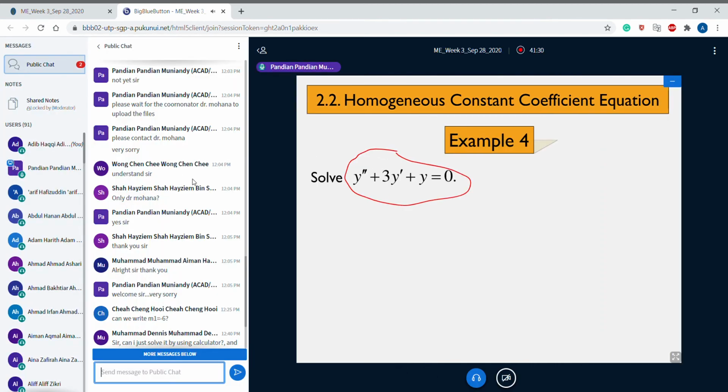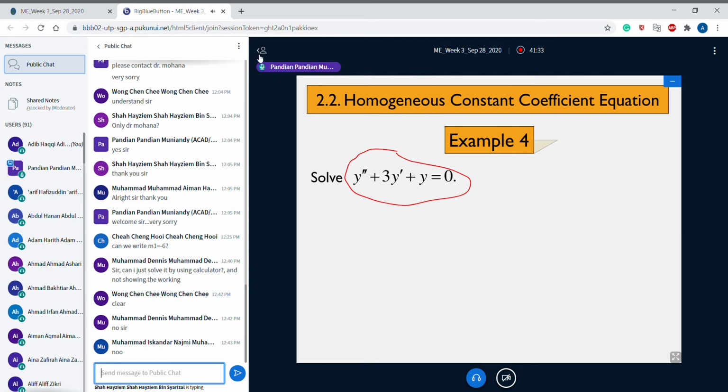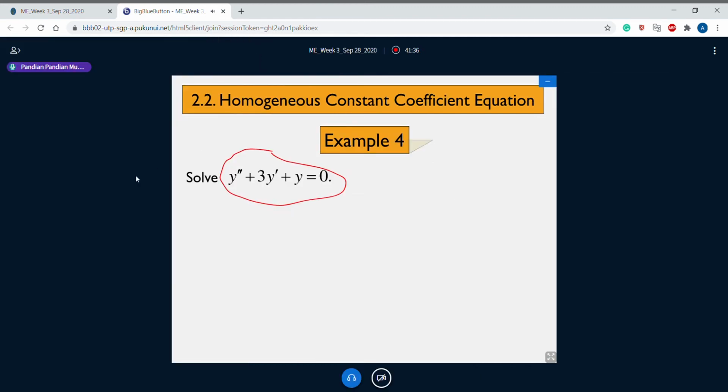So example 4, I repeat here, the final answer is y equals c1 e to the power of minus 3 plus root 5 over 2 x plus c2 e to the power of minus 3 minus root 5 over 2 x. Of course, you can simplify this answer, but it will be in decimal numbers, so you will have a different value.